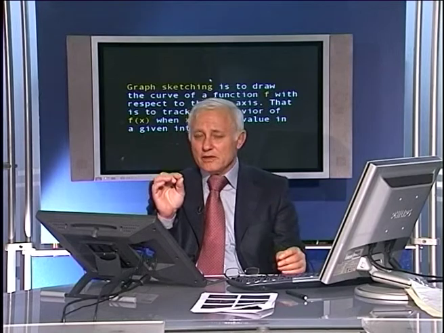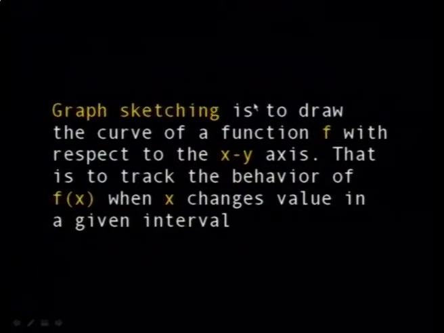But you don't need to make a table, give values to x and calculate the value of y. You can do it as a whole, but because you are sketching, we are not drawing it exactly. We want to imagine or have an idea about the main properties of the graph.